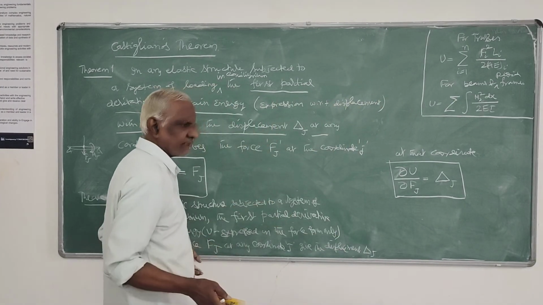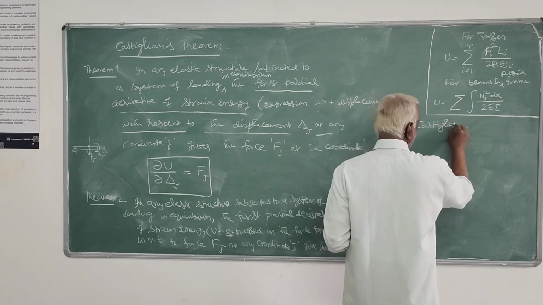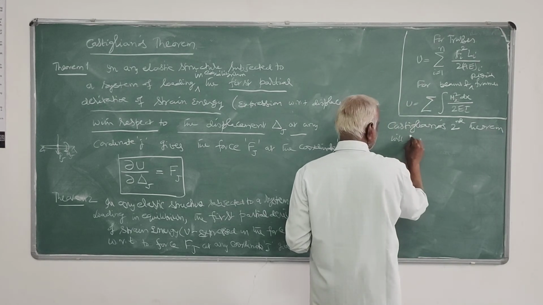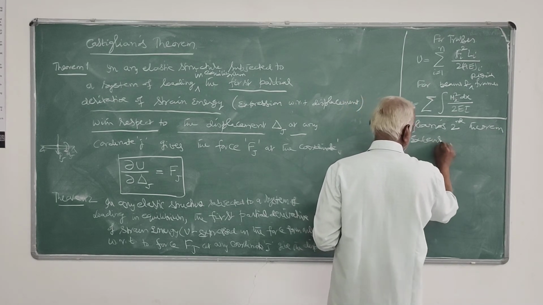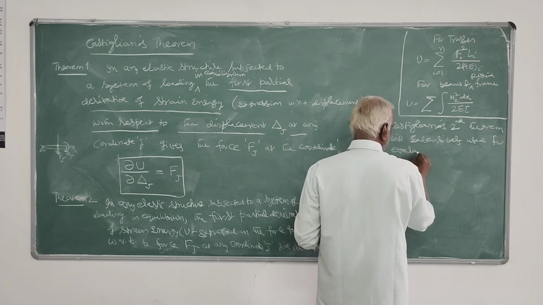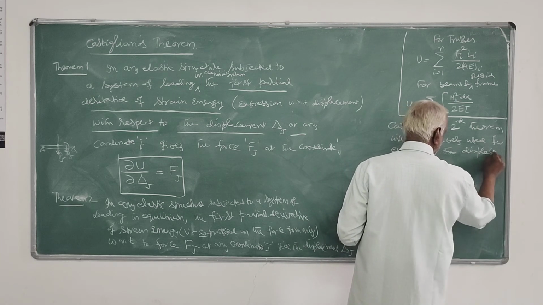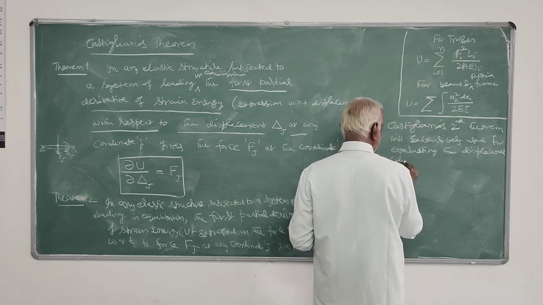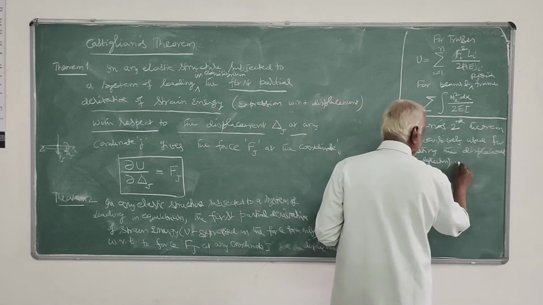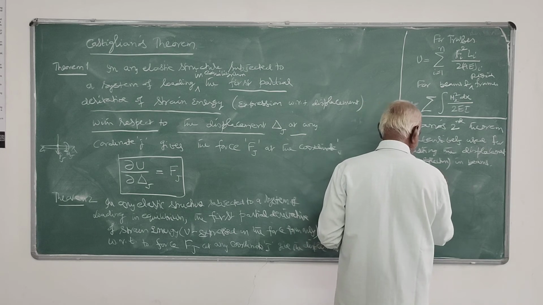Castigliano's second theorem will be extensively used for evaluating displacements, both slope and deflection, in beams, frames, and trusses.